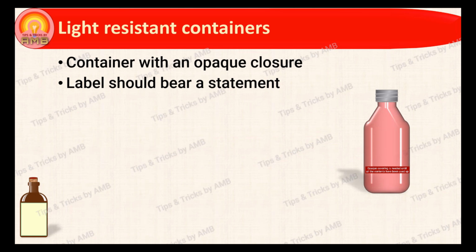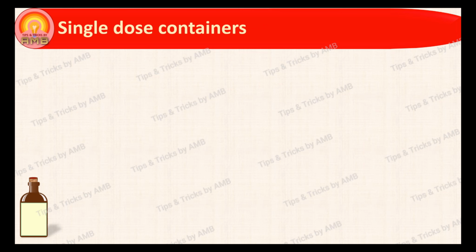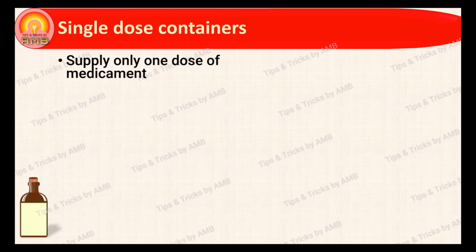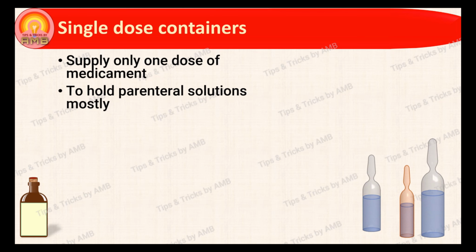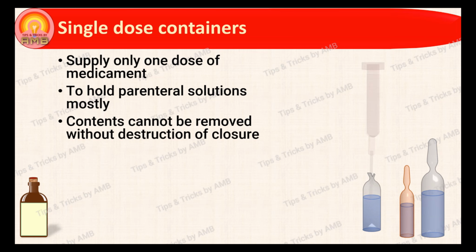Another type is single dose containers. As the name indicates, these containers are used to supply only one dose of medicament. These are used mostly to hold parenteral and sterile solutions. These are designed in such a manner that the contents cannot be removed without the destruction of the closure.